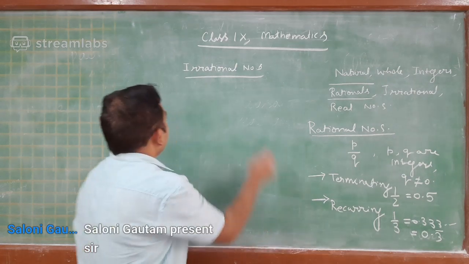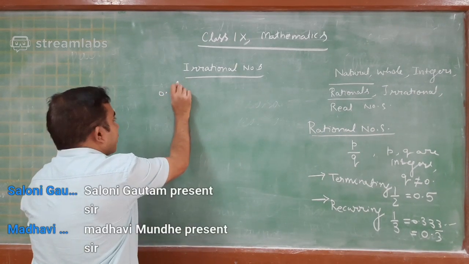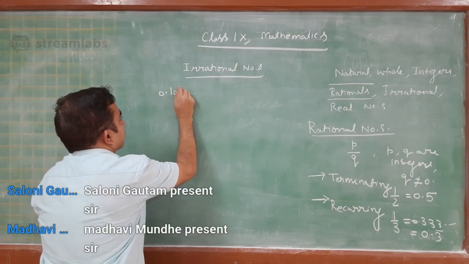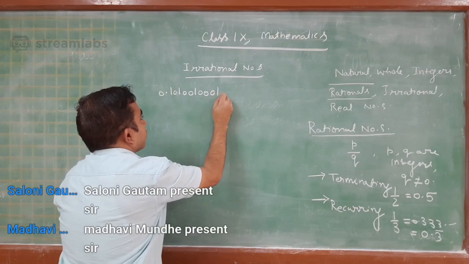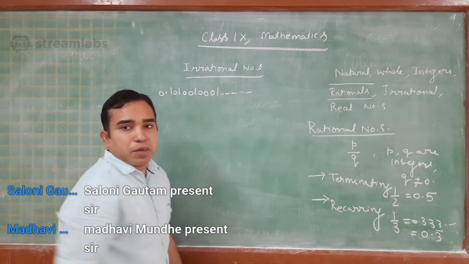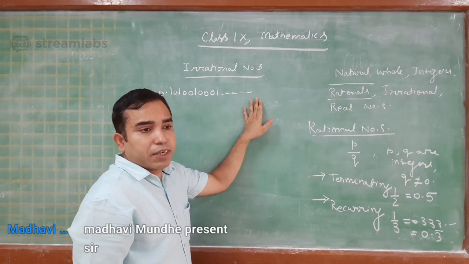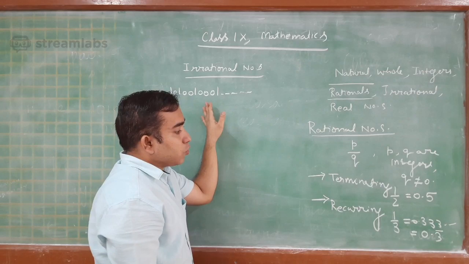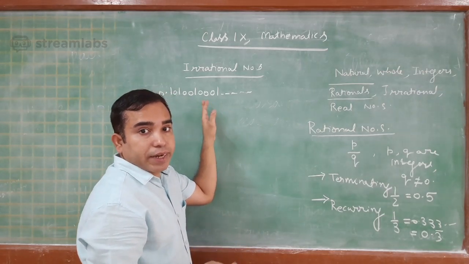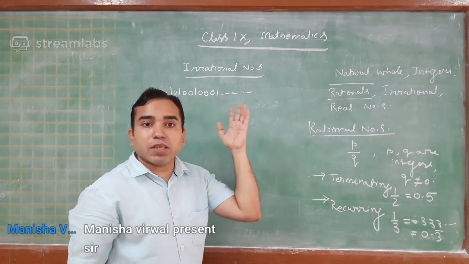Right? For example, this is an irrational number, because dot dot dot is there. It doesn't have a terminating decimal expansion, and moreover there is no fixed number which is getting repeated, isn't it? The pattern is changing. So the number is irrational.